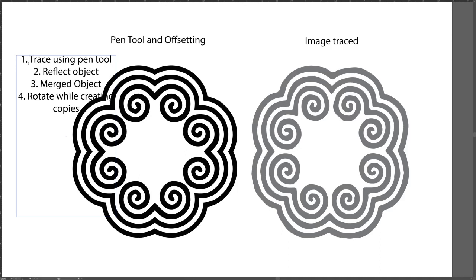And then we offset those, and then we offset twice for outer rings.